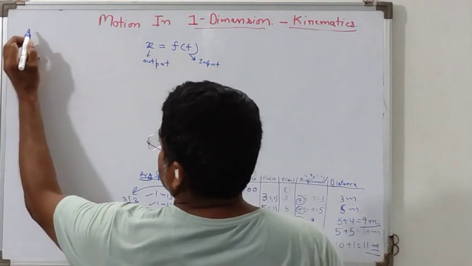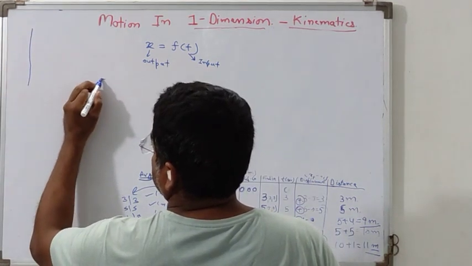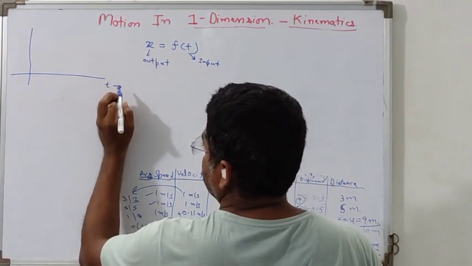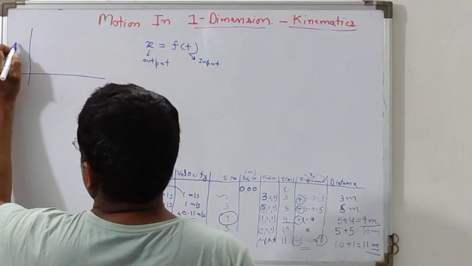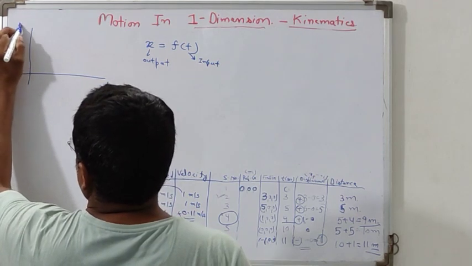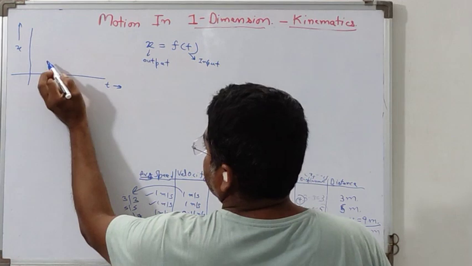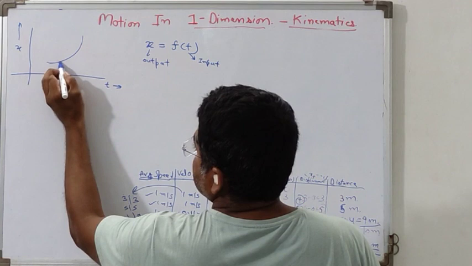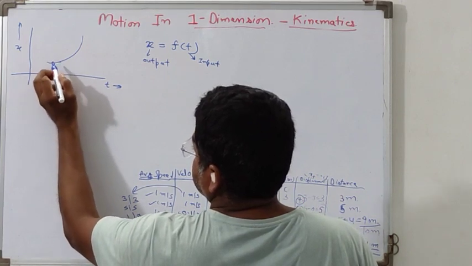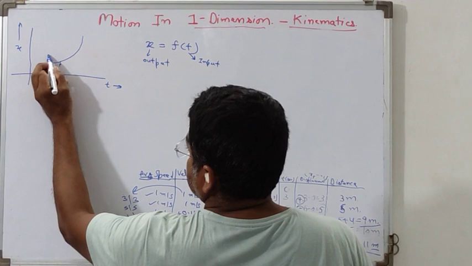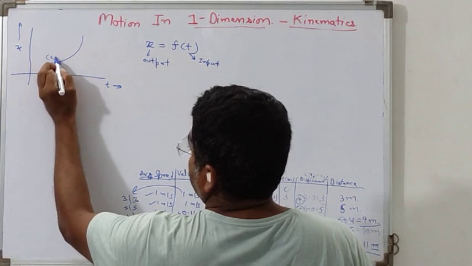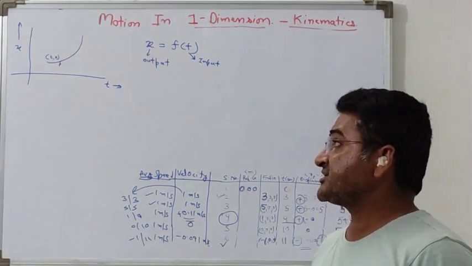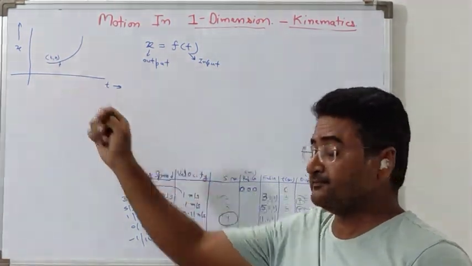For that, we trace a curve. So this horizontal axis will be t, the time, and the vertical axis will be the position. And we make an arbitrary curve. We consider a point P which has coordinates (t, x), which satisfies this function.